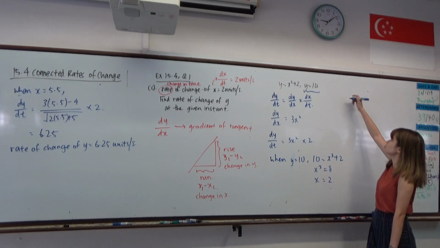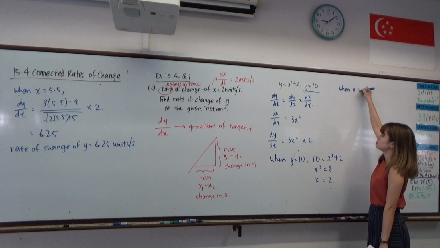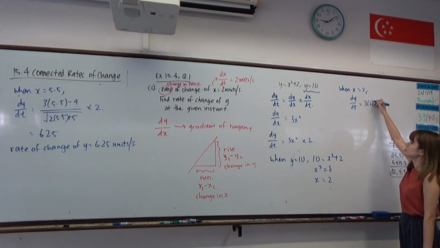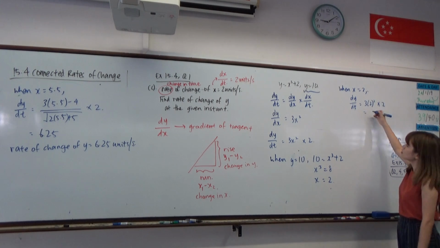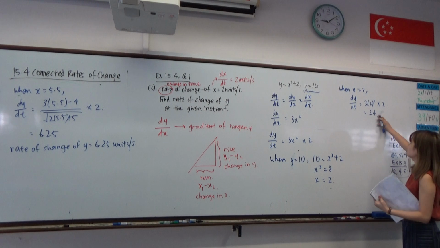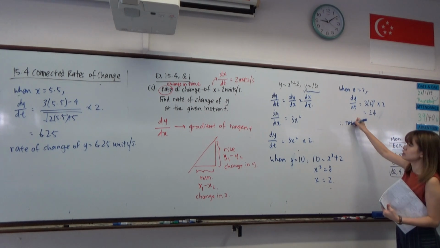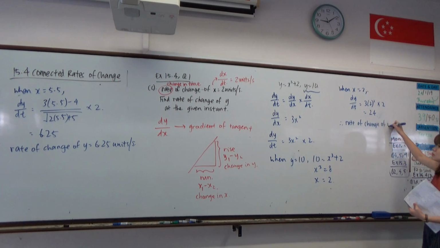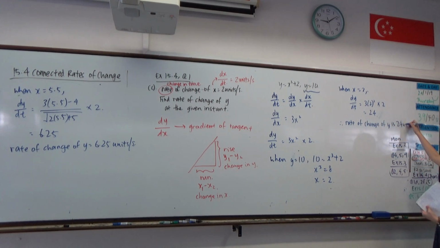So when x is equal to 2, the dy over dt value will actually be 24. So therefore the rate of change of y is 24 units per second.